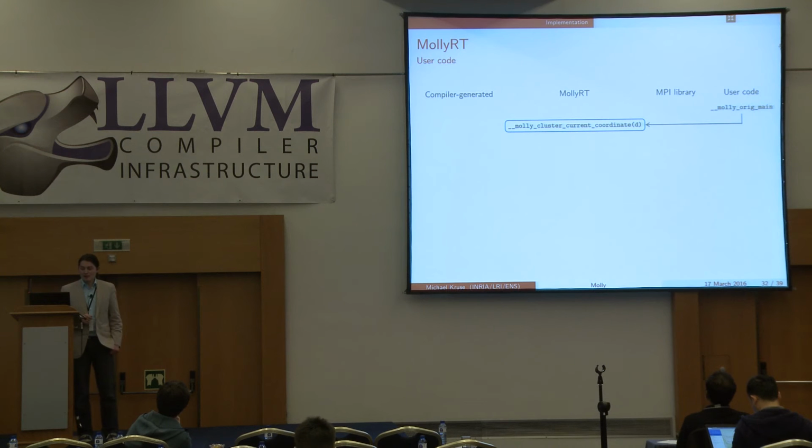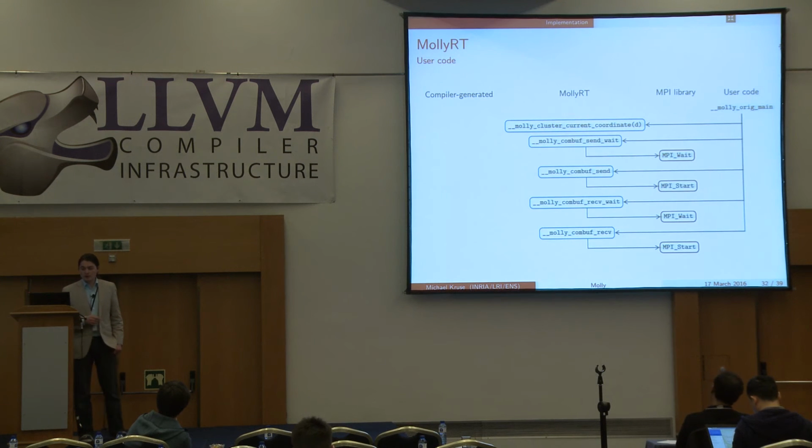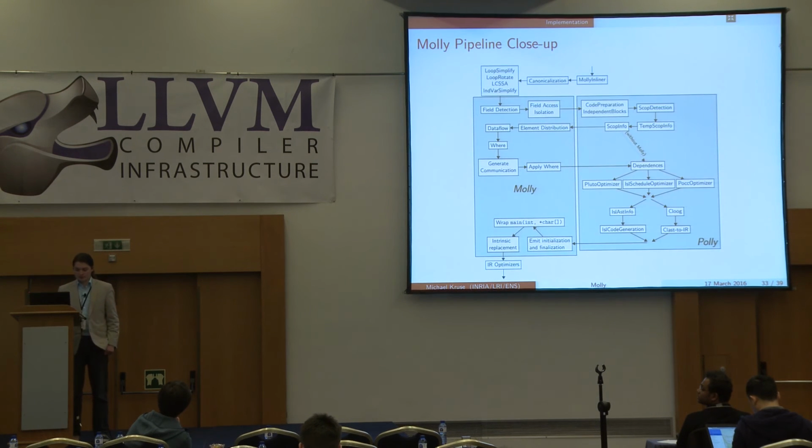The program itself would ask the runtime what node we are actually running on, and depending on what node it is, it would then issue the primitives that I presented before, which would be backed, in case of MPI, by either MPI_Wait or MPI_Start for the MPI persistent communication.